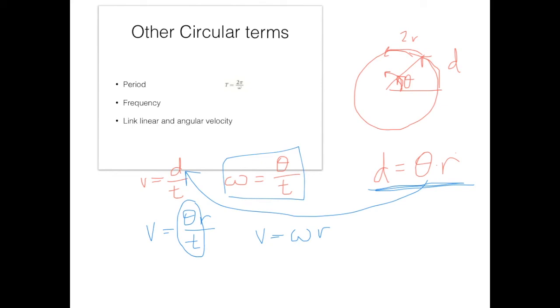So please use radians whenever you're in physics, unless it gives you degrees, in which case you can work with degrees. But use radians because that makes these formulas work. And we just found out that the velocity is equal to the angular velocity, or angular speed, times the length of the radius. All right, let's go ahead and move on.